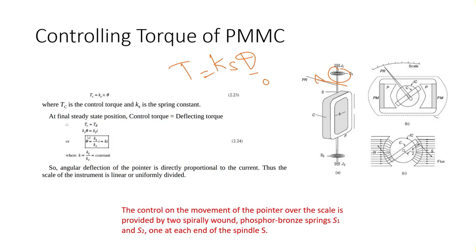So when we balance these two torques, K theta is equal to KI in the equilibrium position, and we can get the value of theta as K by Ks into I. Both are constants, so theta is proportional to current. So this says that the scale is a linear scale. We are using phosphor bronze springs at S1 and S2, which are used for this Ks. So do check the book for further discussion on this.